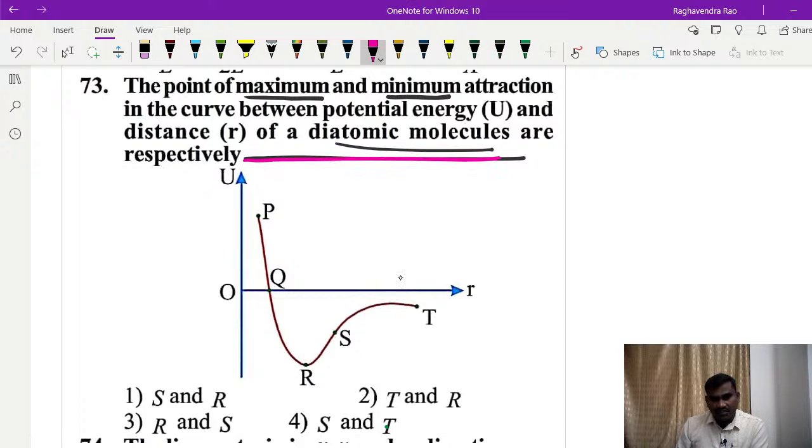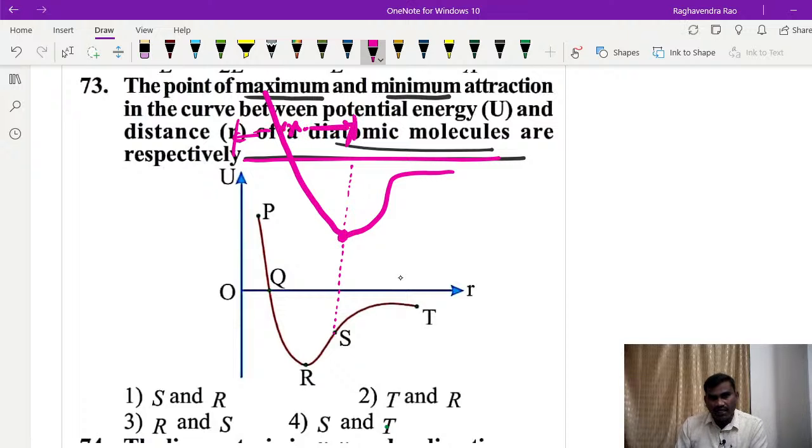The force diagram will look like this. This is the point corresponding to the critical distance.